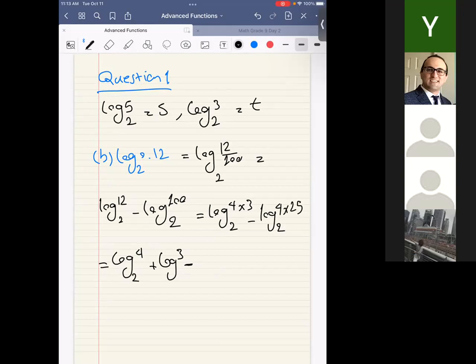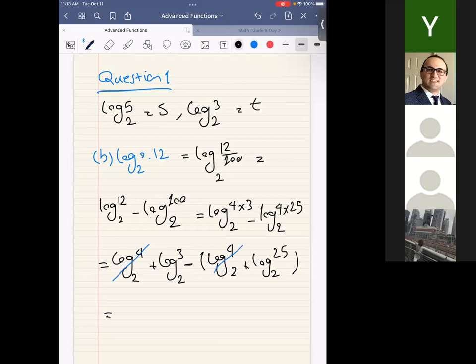Now log of 4 times 25 is just log of 4 plus log of 25. But log of 4 is just 2. And because we have log 4 minus log 4, they cancel each other out. This is 0.